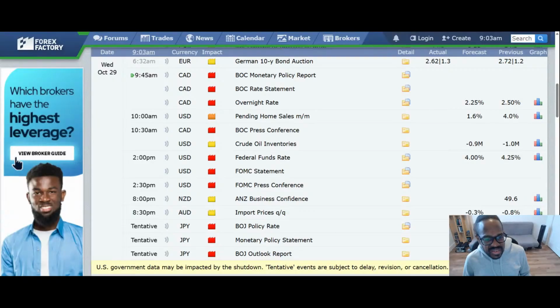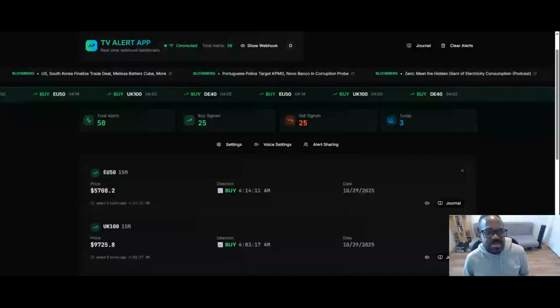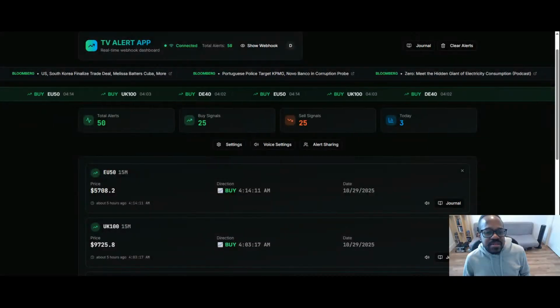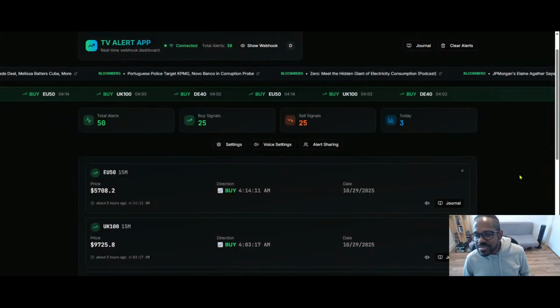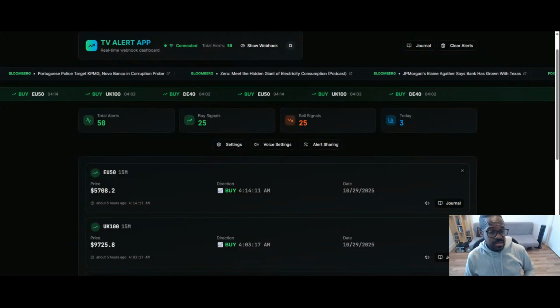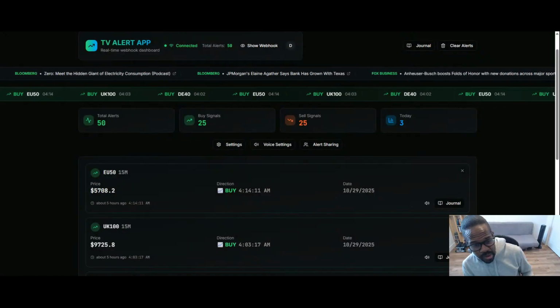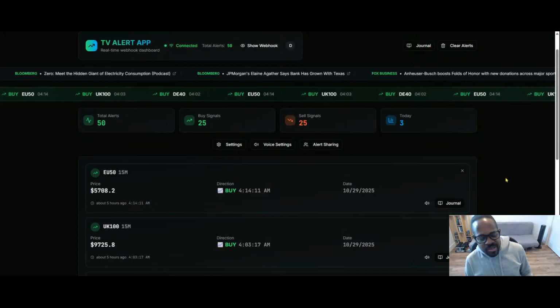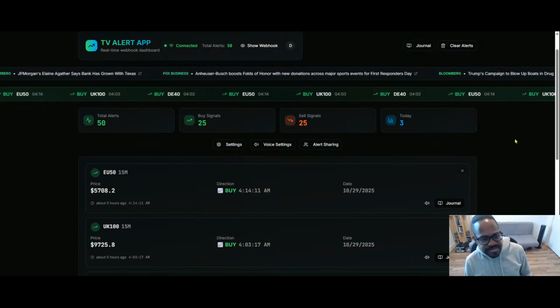So let's get to the TV Alert app, and I'll show you exactly what it is. The TV Alert app provides you with the institutional liquidity in the market. Basically, if it's a buy or sell direction, and if we have institutional liquidity coming in.